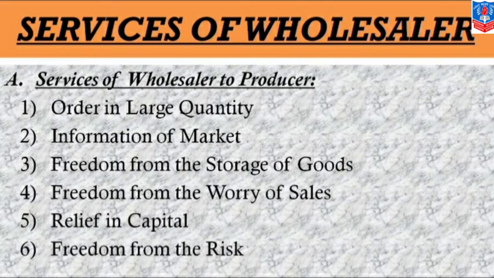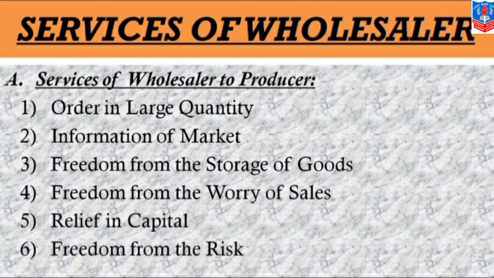Now children, we will start services of wholesaler to producer. There are 6 points. First, order in large quantity. Wholesaler places order in large quantity to producer after receiving orders from many retailers. Second, information of market.